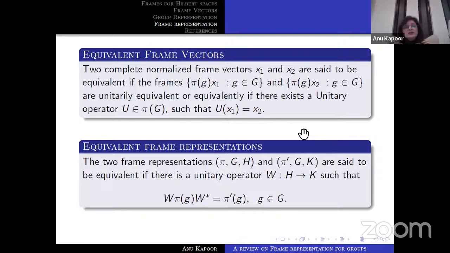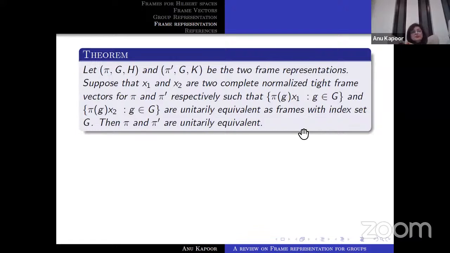Now, after defining this, next comes the important result, which connects the equivalent frame representations and frame vectors. And we have the theorem, or the result, which is simple to prove: let π on H and π' on K be two frame representations.